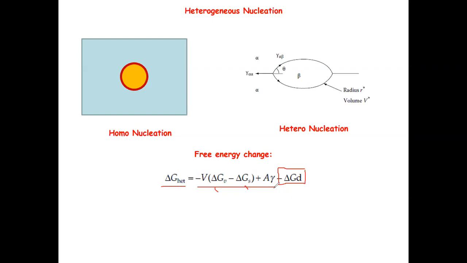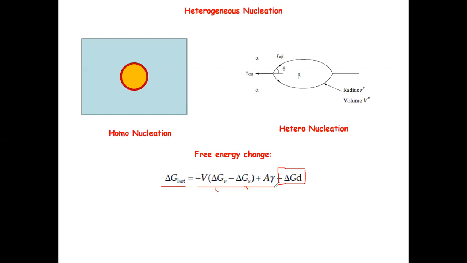For example, you have a grain boundary, which has a lot of stacking faults, and if you put a beta phase there, the beta phase can bind with some of the alpha atoms which previously had no neighbors, and this will reduce the overall energy a little bit, right? And you can consider this delta GD is basically a favorable energy reduction due to defects.